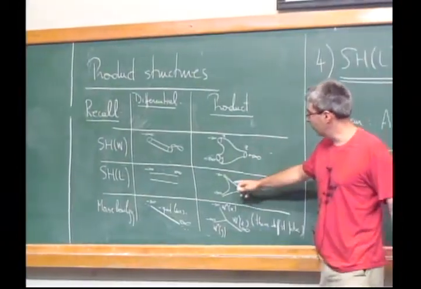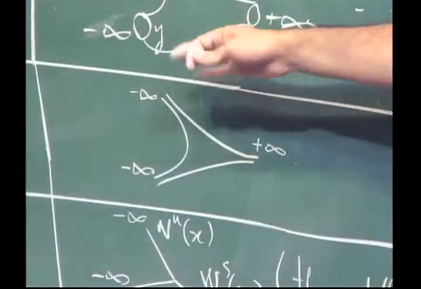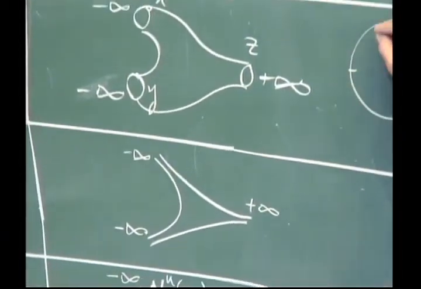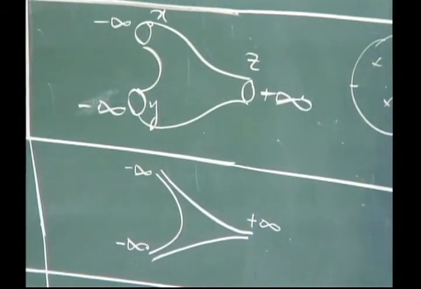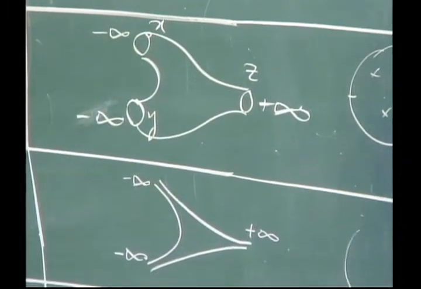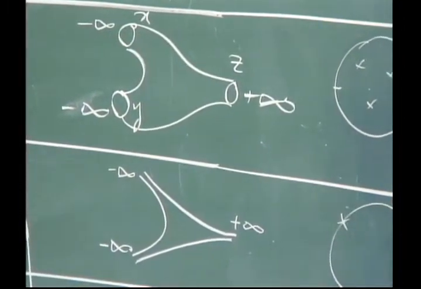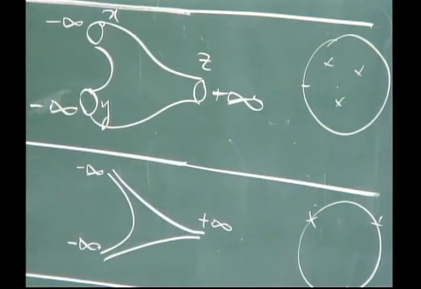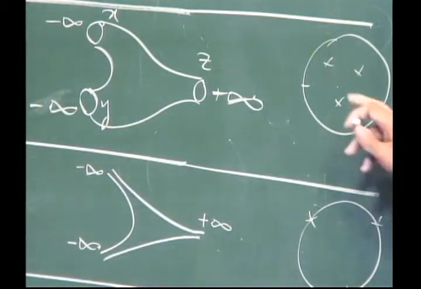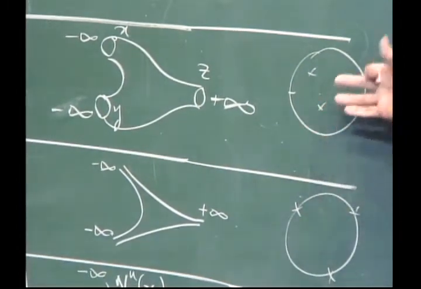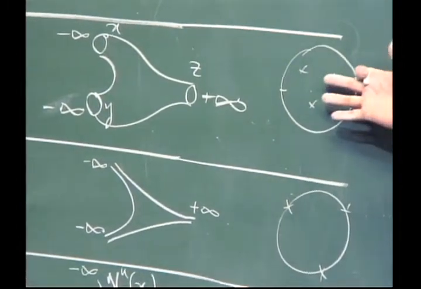Just like a pair of pants is conformally, from the point of view of complex geometry, the same as a sphere with 3 points taken away, this triangle is the same as the disk with 3 points on the boundary taken away. Commutativity of the product in the periodic setting comes from the fact that there's no natural order on the points.